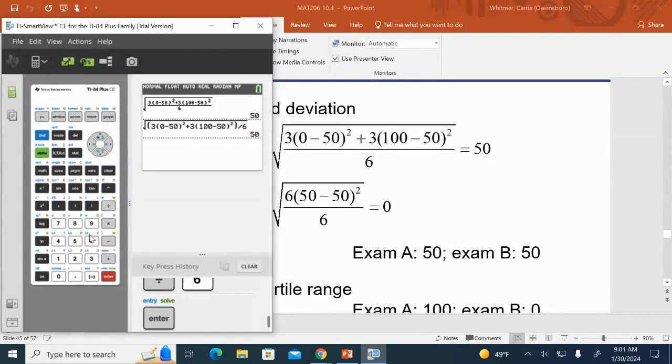Mine doesn't show the line, it just says the beginning and then I type it all out. Did you hit the divided by? Yeah. Oh, I see what you're talking about. The big, it's not showing it.